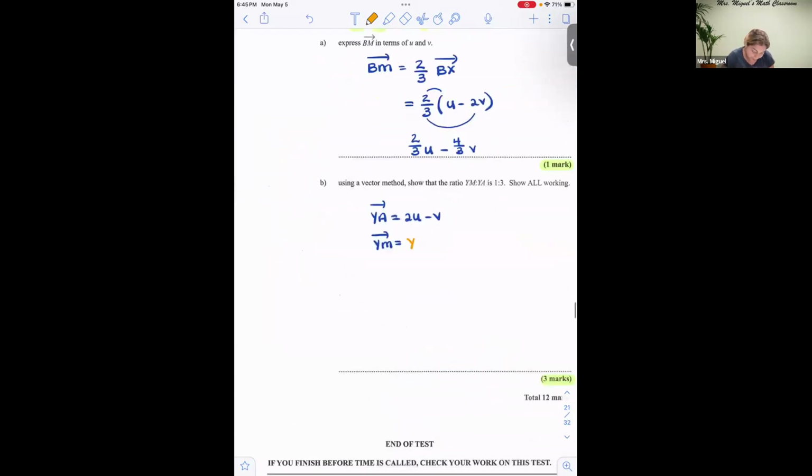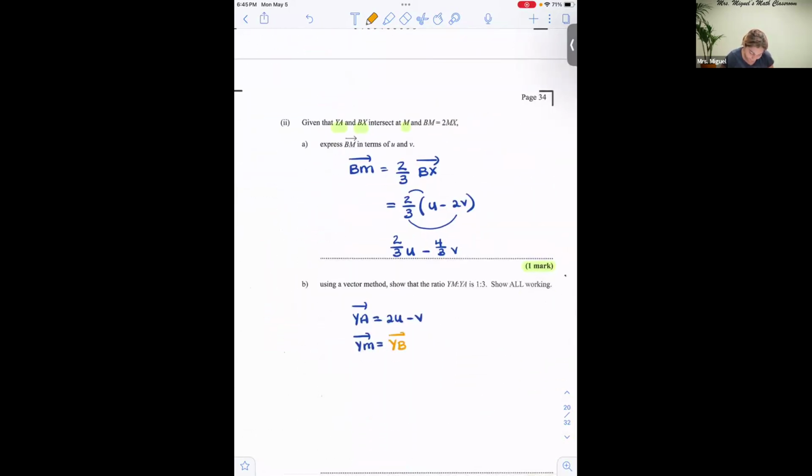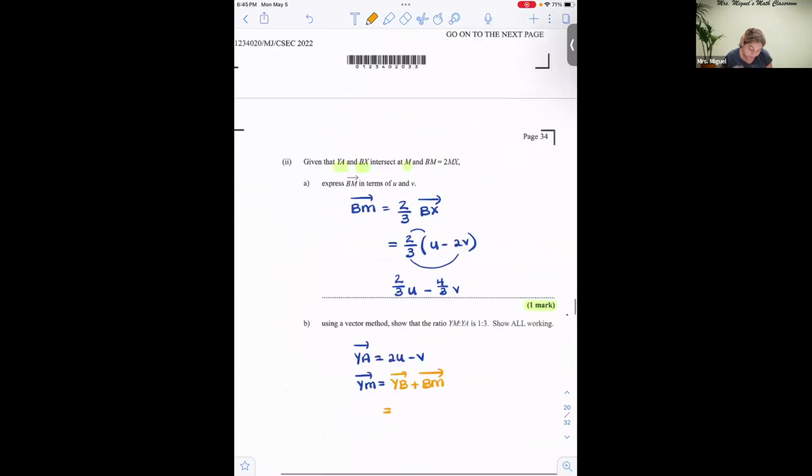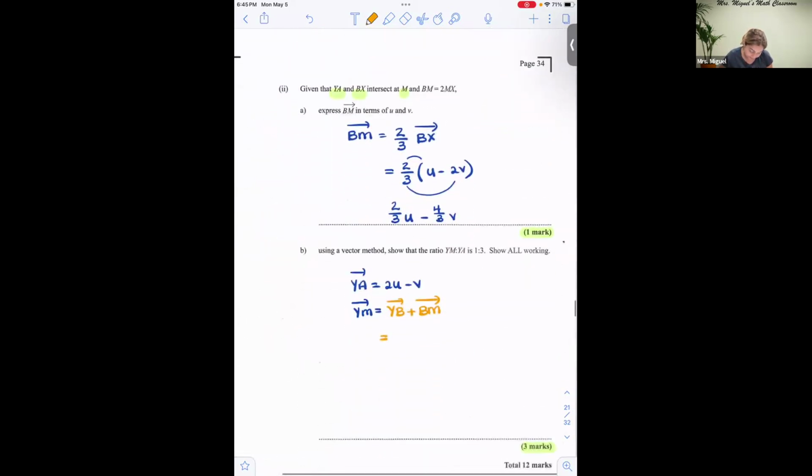So Y to B plus BM. So that we work out that. Y to B is the vector V plus 2/3 U minus 4/3 V. So go ahead and simplify that.